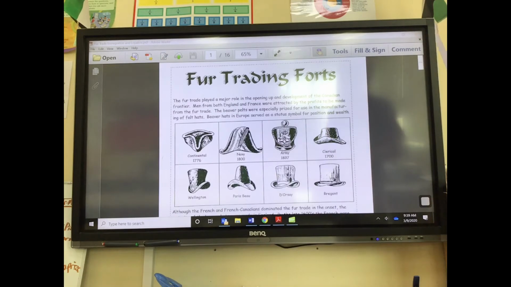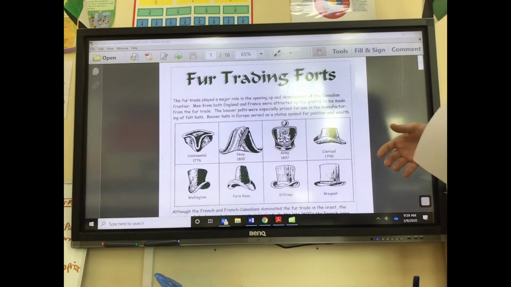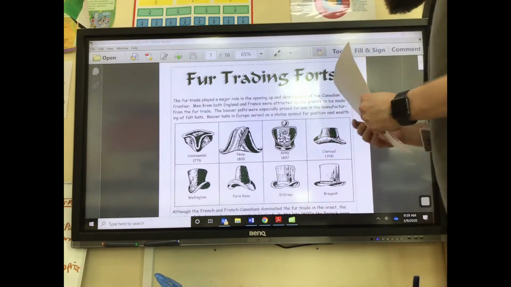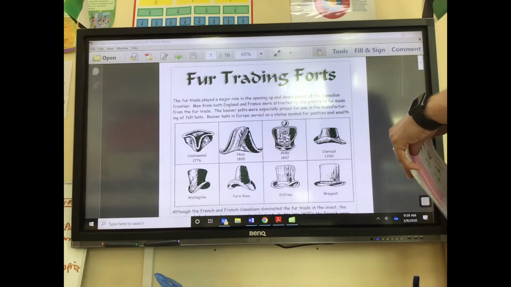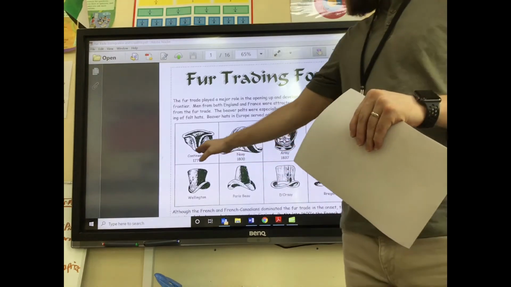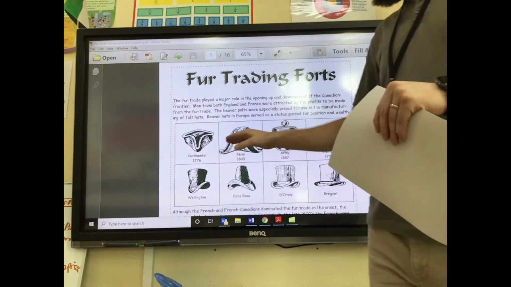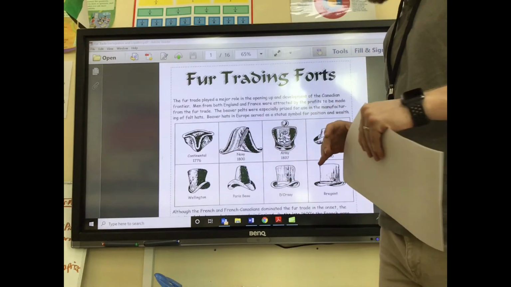The beaver pelts were especially prized for use in the manufacturing of felt hats. So beaver pelt, that would be the beaver fur. Beaver hats in Europe served as a status symbol for position and wealth. And then we have a bunch of examples here of the different hats that were made from the beaver furs.